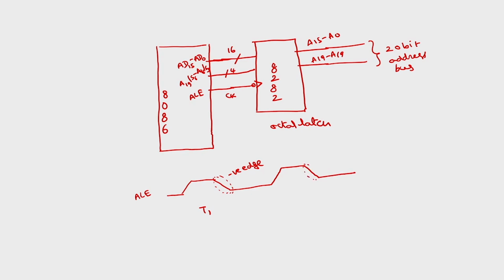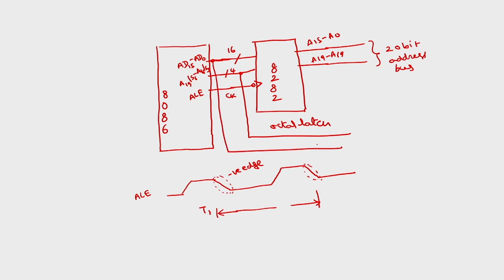From this point to this point, whatever information is latched will be available at the output of the 8282. Because I have already latched this, in subsequent clock cycles I can use these lines to carry only the status, and these to carry only the data. This is data line D15 to D0, and this is status lines S6 to S3.